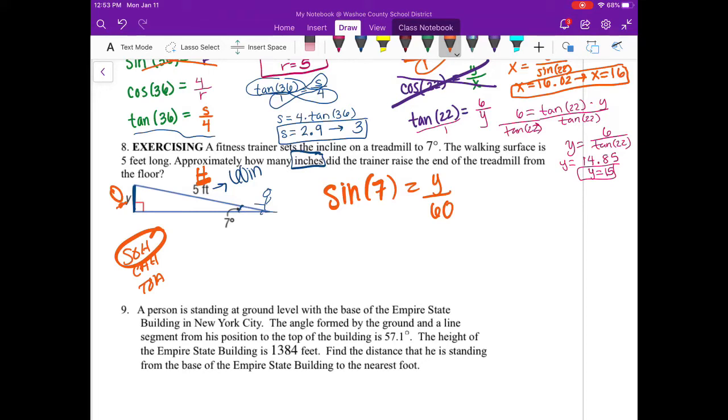Okay, so when I go ahead and do that, I'm going to cross multiply. Y times 1 is y, and then I'm going to do 60 times sine of 7. And then when I enter that into my calculator, I should get y equals 7.3 inches. Okay, so these word problems, it just helps if you draw a picture. Thankfully, in this one, they already gave me a picture.